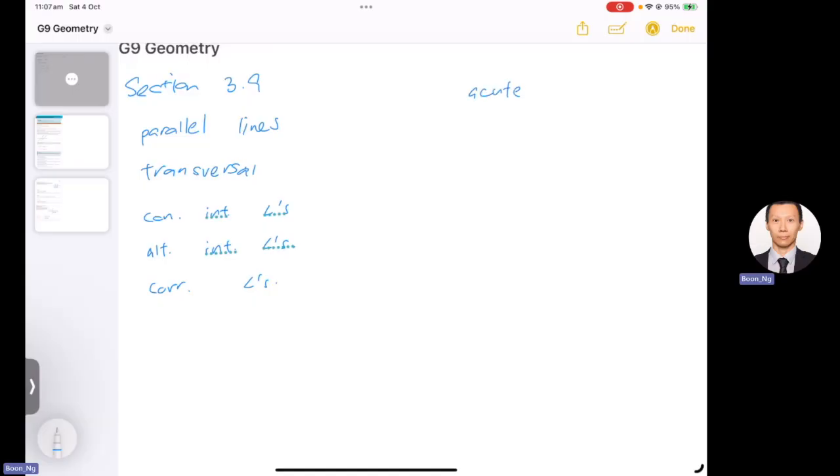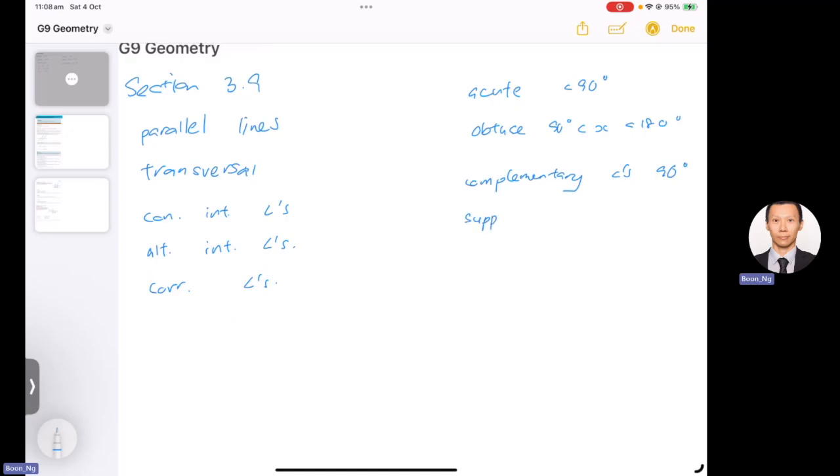Acute, smaller than 90. Obtuse, between 90 and 180. Complementary, multiple angles add up to 90 degrees.